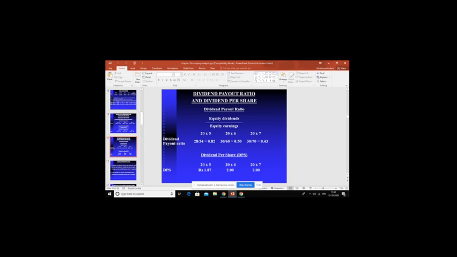Then dividend payout ratio and dividend per share. Again the formula is given. Based on this ratio, you can find out how much portion of the earnings is being retained and how much is being paid out.